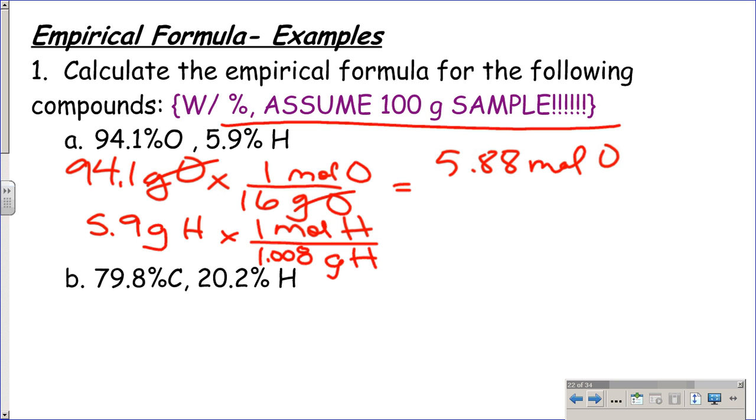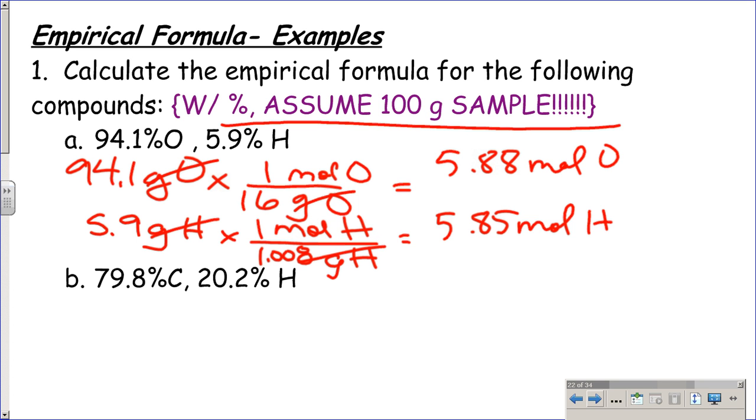You look on the periodic table and you find that it's 1.008. So that one's really going to be really close to 5.9, but I think it's 5.85 if we're real sticklers for the sig figs here, okay? So when you divide 5.9 by 1.008, your grams and grams cancel. You get 5.85 moles of hydrogen.